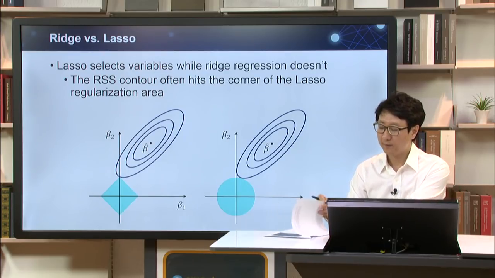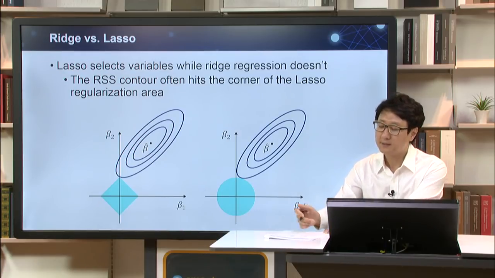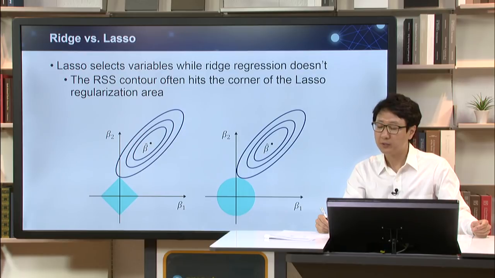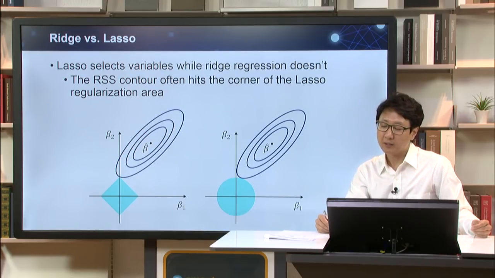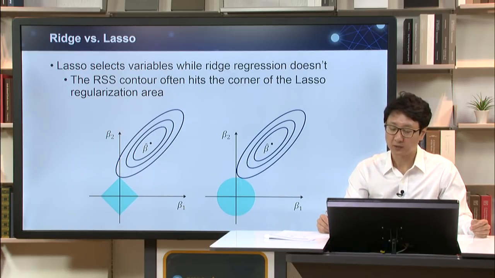Okay, so finally, now let's see why lasso makes some coefficients 0, but ridge regression does not. Let's explain this point with the case of the linear regression. In the linear regression, RSS is given as a quadratic function of the betas, a second order function, right?